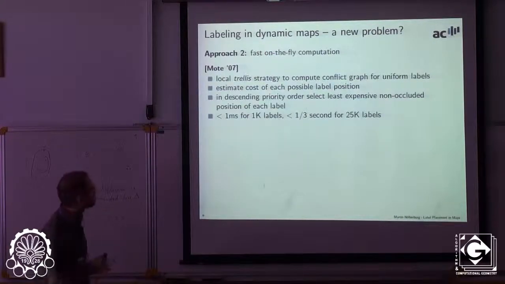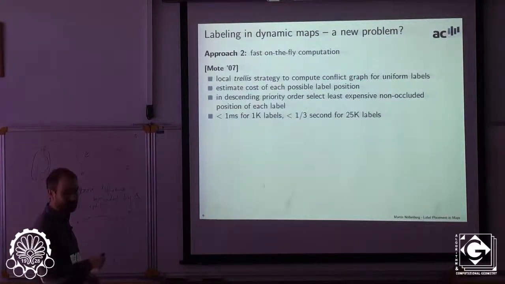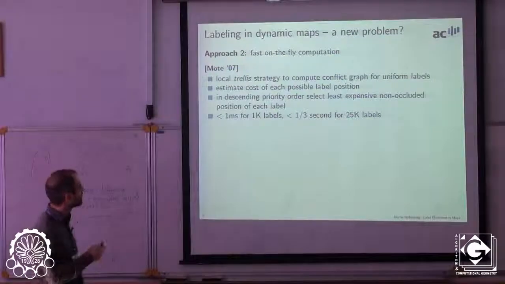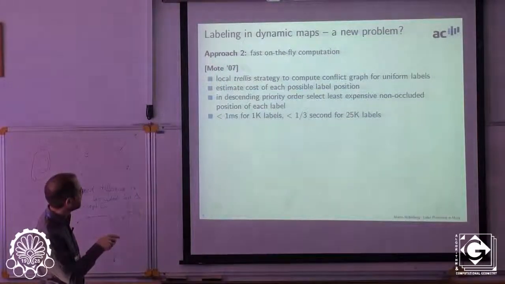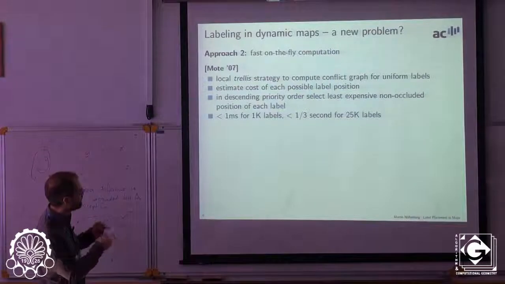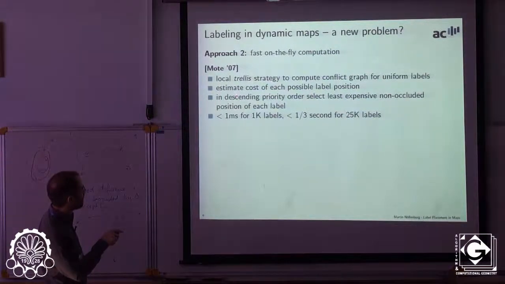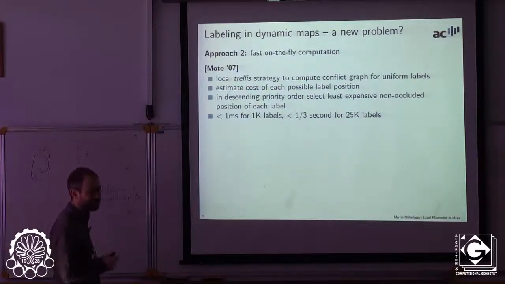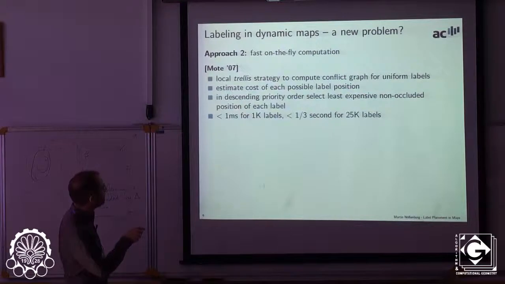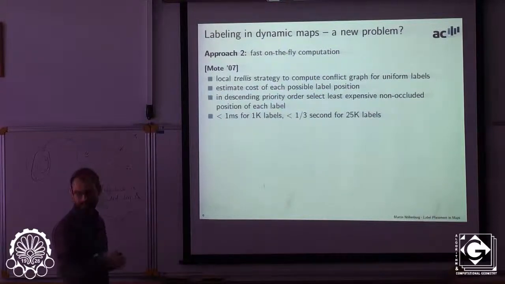A different approach is fast on-the-fly computation, where you do not do pre-processing. They use some kind of strategy to compute this conflict graph on demand whenever you see a new view. Then they estimate costs for possible label positions, and then by priority of the labels, so maybe you want to start with the capital and the cities that are big cities in the country, then in descending priority order you select the best currently non-occluded position of that label, if there is still one.